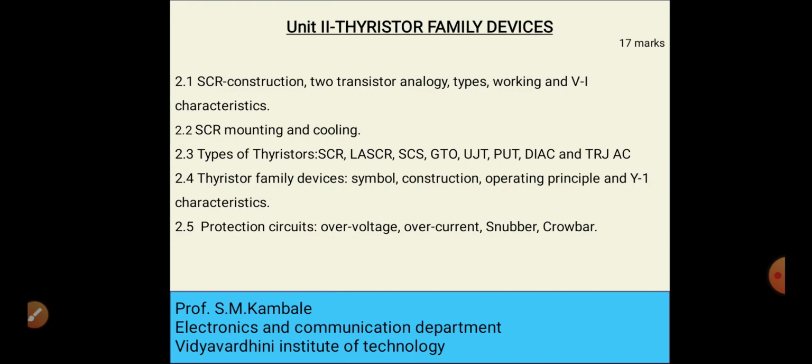Why is it called a rectifier? Because it converts AC into DC, therefore it is called a rectifier. And why is it called silicon? Because silicon semiconductor is used for the particular conversion. Okay, therefore the name silicon controlled rectifier.